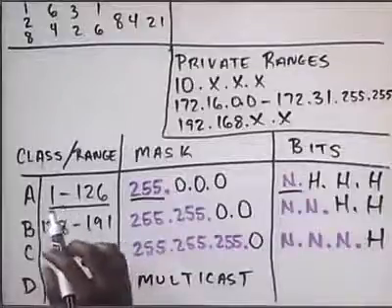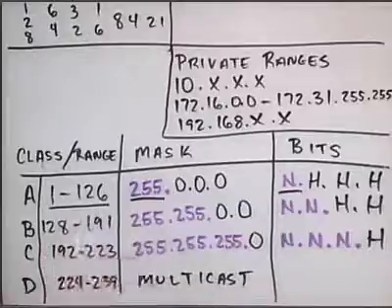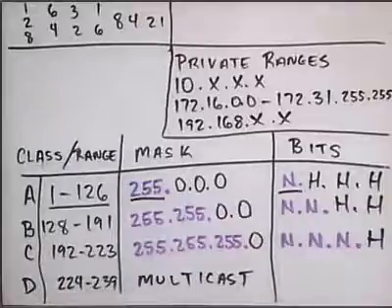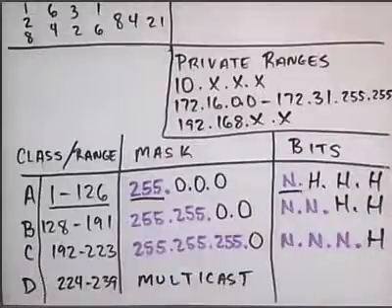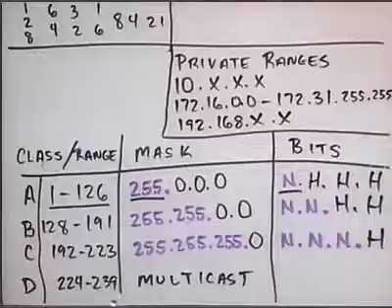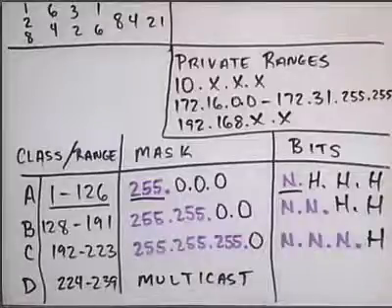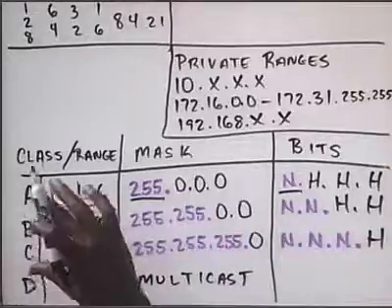Class A addresses will begin with numbers 1 through 126 in the first octet. 128 through 191 in the first octet will be Class B addresses. 192 through 223 are Class C, and then 224 through 239 will be D. Class D is reserved for multicast addresses, and Class E is reserved for research addresses. We're going to focus our attention on classes A, B, and C.